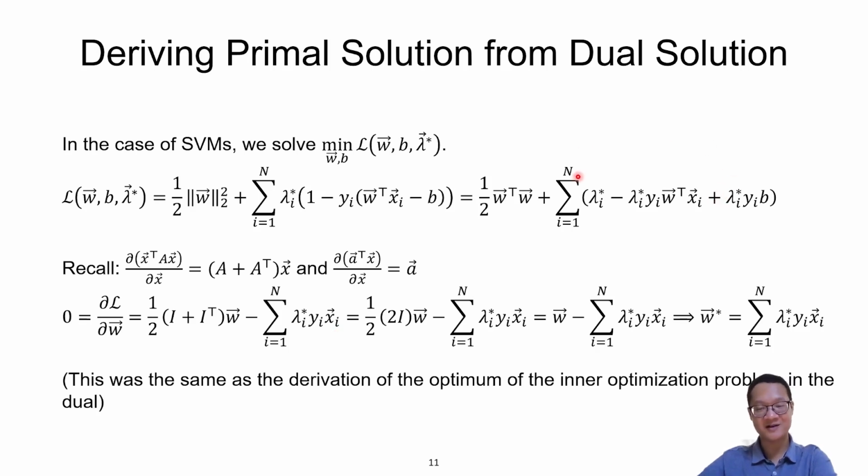Okay, and then nothing else. Everything else goes to 0. They don't depend on W. So now we can simplify a little bit. The two I's here cancel with the 2 in the denominator, and we don't touch the second part. Setting the gradient to 0, we can move the summation to the other side so that we have W star equals the sum of lambda i star, yi, xi. So this is exactly the same as what we did last time, but with the lambda star here.